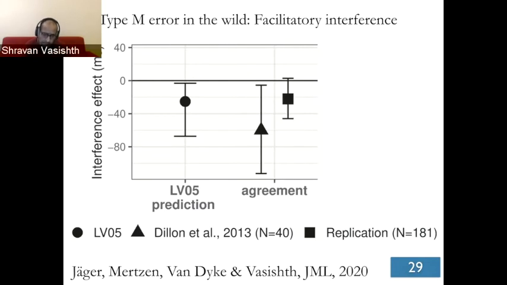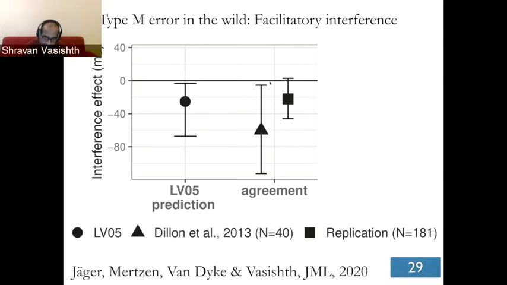And just to demonstrate that I'm not just talking about theoretical issues in statistics, this stuff happens in real life. I'm showing you a real problem of overestimation from low-sample versus high-sample studies. This was a Journal of Memory and Language study with sample size 40. Here is the estimate of the agreement attraction effect that I showed you earlier with 40 subjects.